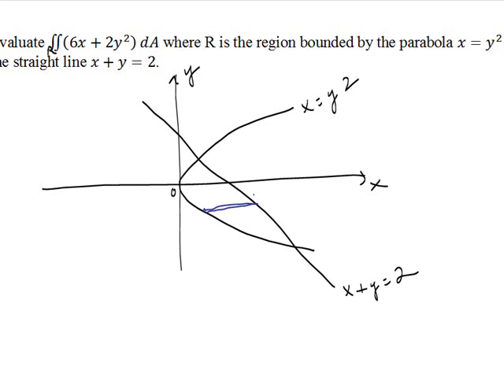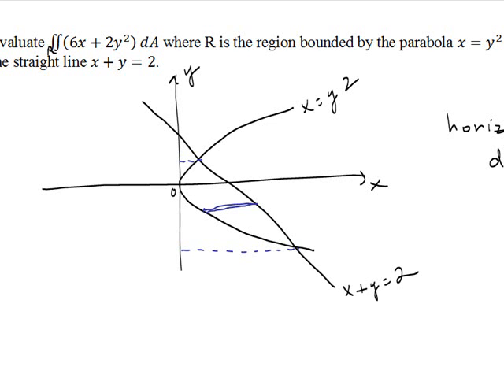Good. So if it's horizontal, we need our y limit. So we need to solve these two equations. Okay, so we say horizontally simple. That's what we want. And horizontally simple is dx dy.